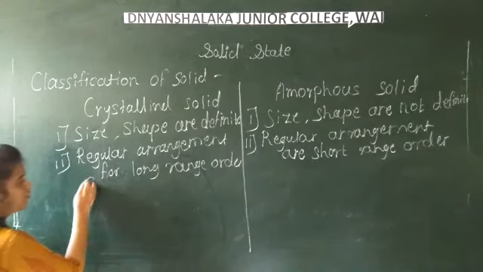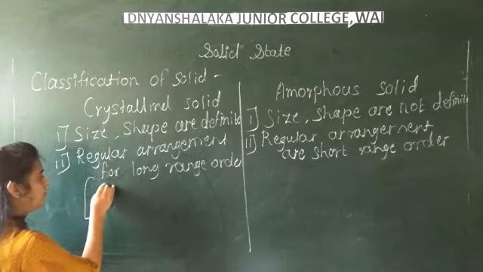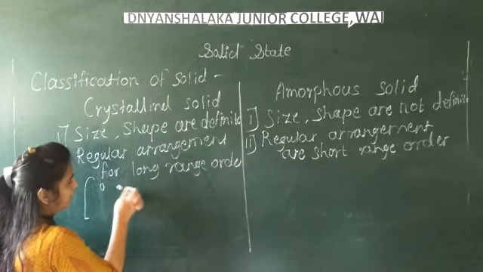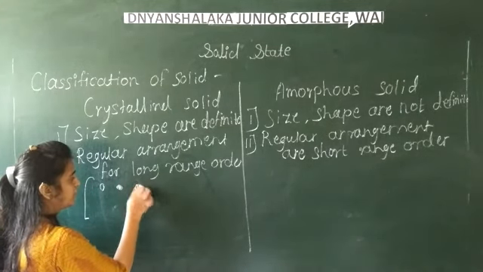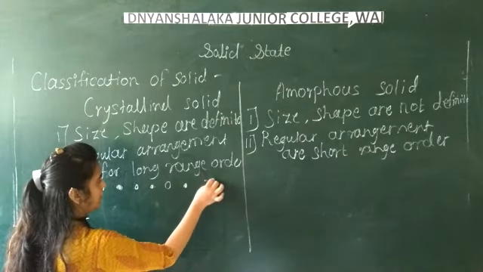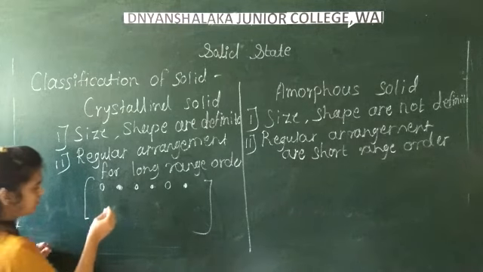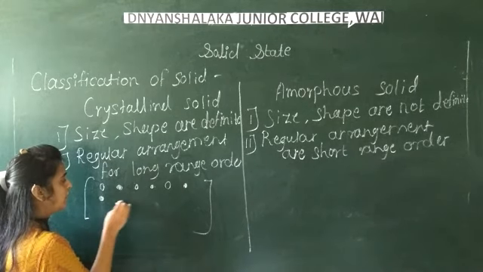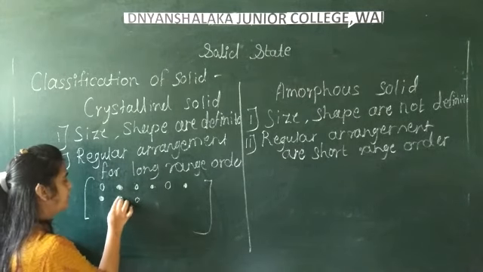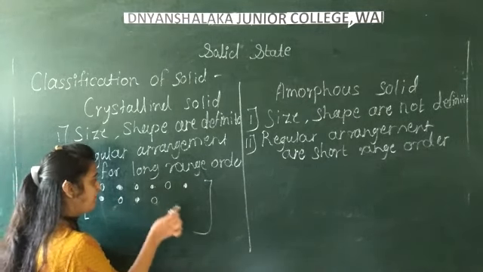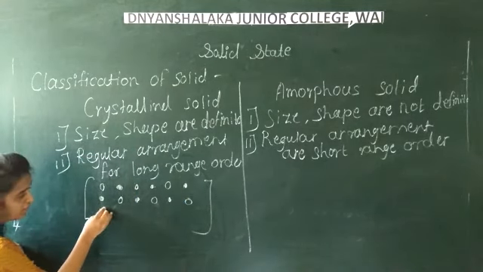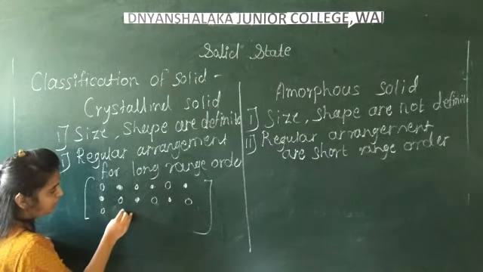So next we draw a diagram. First cation, second anion, cation, anion, cation, anion. Next anion, cation, anion, cation, anion, cation. Again cation, anion.